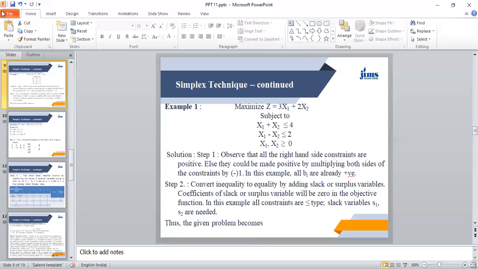Here all the inequations have positive values on the right hand side: x1 + x2 ≤ 4, x1 - x2 ≤ 2, and 4 and 2 are both positive. So the first condition is met. Secondly, x1 and x2 are both greater than or equal to 0, which means there is no unrestricted sign. So the second condition is also met.